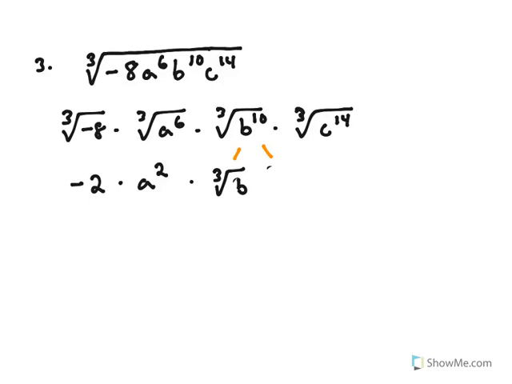Actually, no, that's going to be b to the 10th. b to the 6th is a perfect cube, then b to the 4th. So we want to break it down so one of them is a perfect cube. The one I can think of is b to the 6th power. And the same goes for this one. We want to be able to break it down into two perfect cubes.